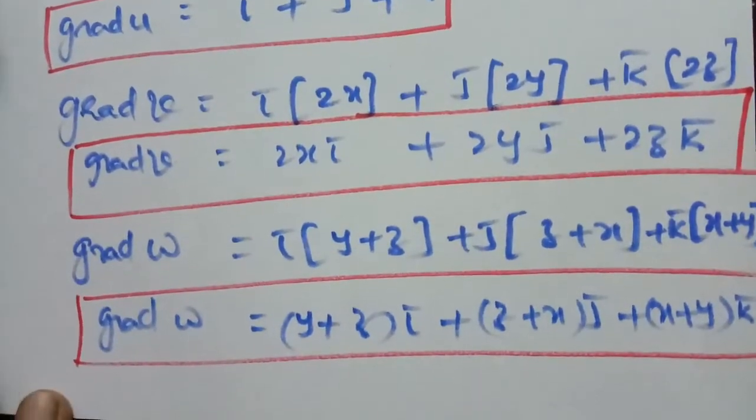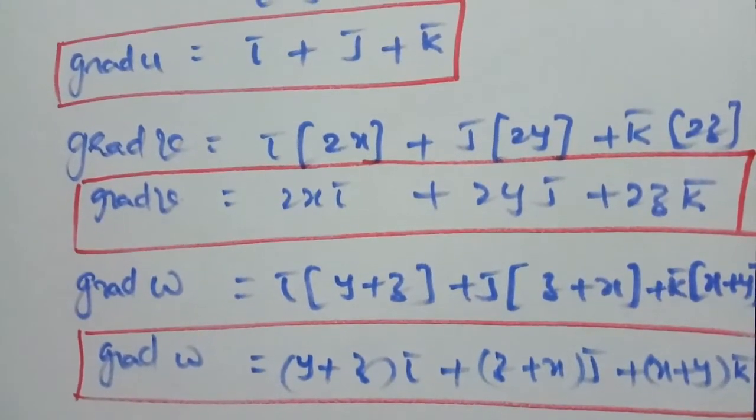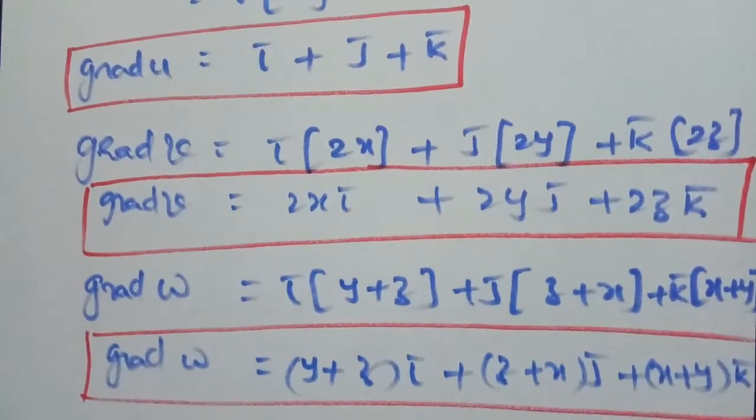Now we have to show that these three vectors are coplanar. That means we have to show that the scalar triple product of these three vectors is 0.